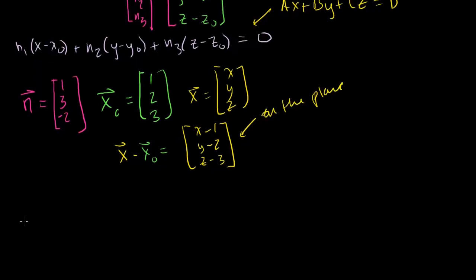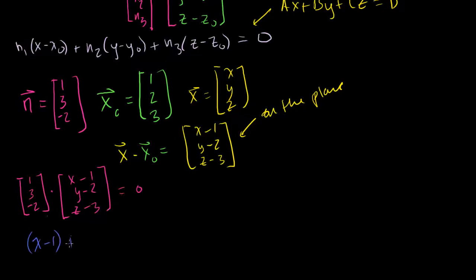So if I dot my normal vector, 1, 3, minus 2, with x minus 1, y minus 2, z minus 3, I should get 0, because this has to be perpendicular to anything that lies on the plane. So what do we get? We get 1 times x minus 1 is x minus 1, plus 3 times y minus 2, minus 2 times z minus 3 is equal to 0.